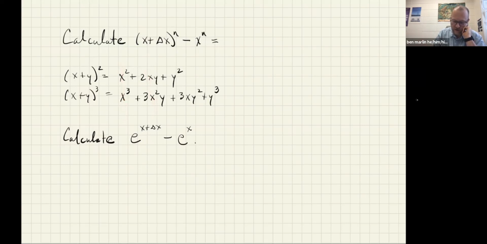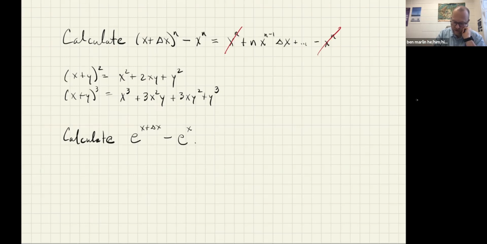So when I say this to the nth power, it should start with x to the n plus n times x to the n minus 1, and then times a delta x, plus there's a lot more terms, and they all have a power of at least 2 delta x's in them, minus our x to the n. So these x to the n's cancel.